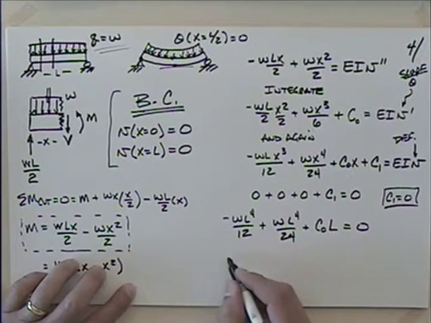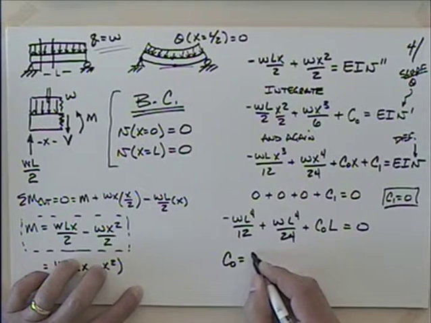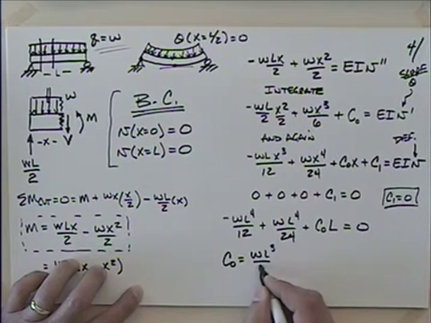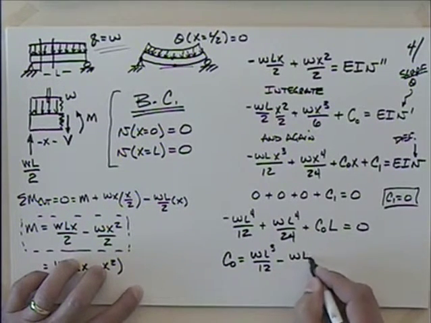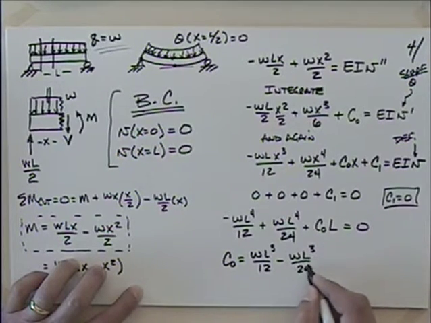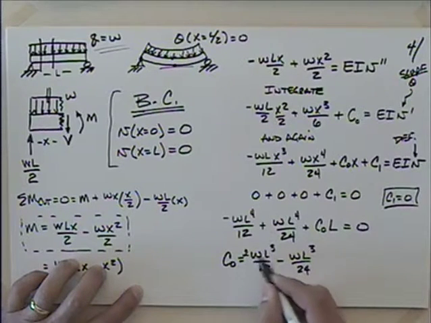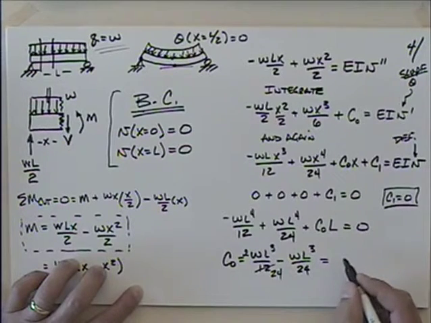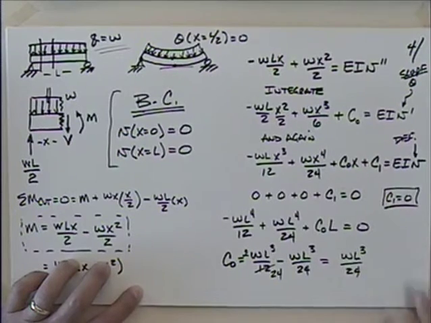That's going to be equal to WL cubed over 12, because that moves to the other side, minus WL cubed over 24. So this would be 2 24ths, wouldn't it? So 2 24ths minus a 24th gives me 1 24th. So WL cubed over 24.